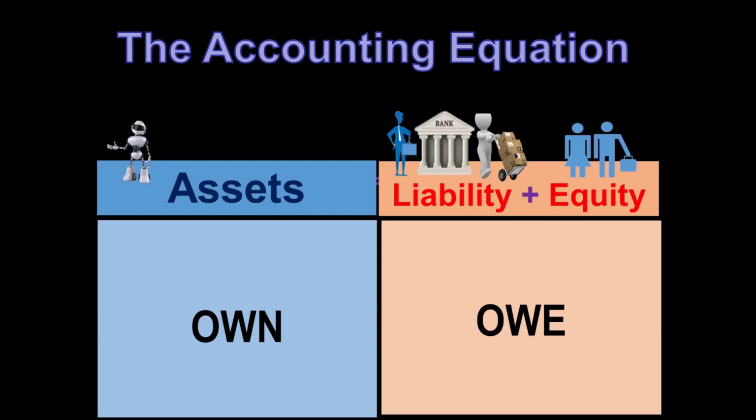Now, at the end of a specific accounting period, the financial transactions are going to be summarized in the organization's financial statements, and that information is presented in a standardized format to make the statements as accessible as possible to the various people who may need to be using it. Now, an organization's financial statements are going to be prepared at least once a year and included in the organization's annual report.